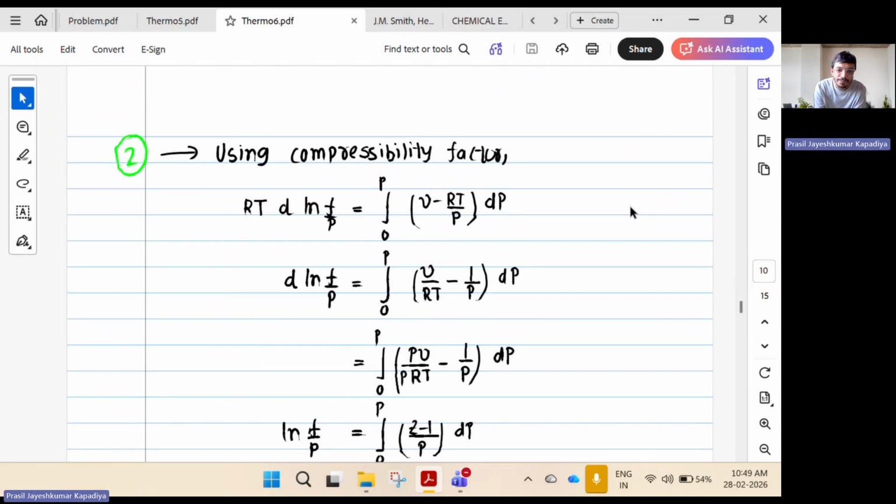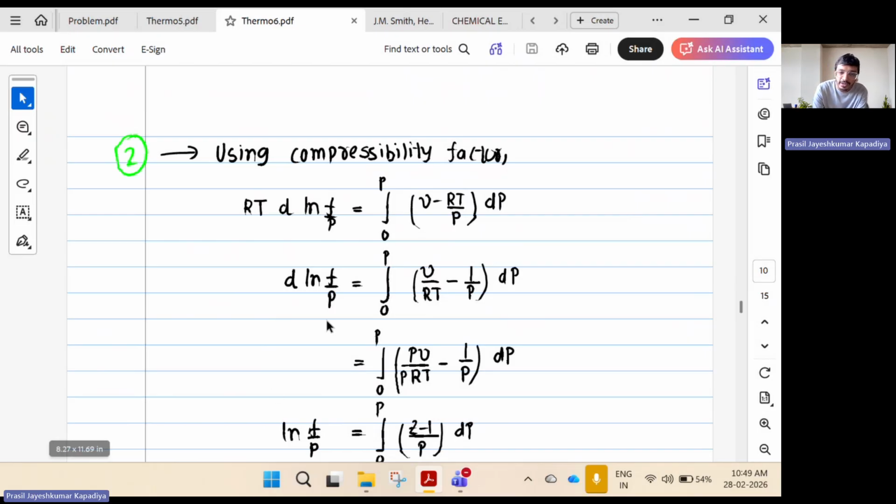Okay. So now, what other approach have we looked at? We have also looked at the compressibility factor approach. My earlier equation was RT d(ln f/P) equal to integration 0 to P of (V minus RT/P) dP.